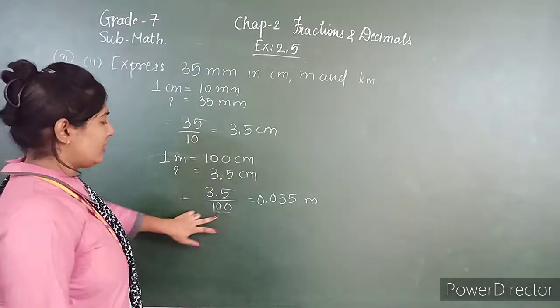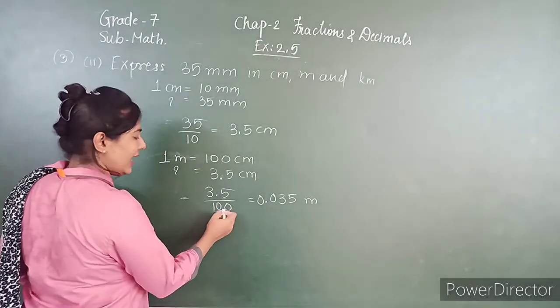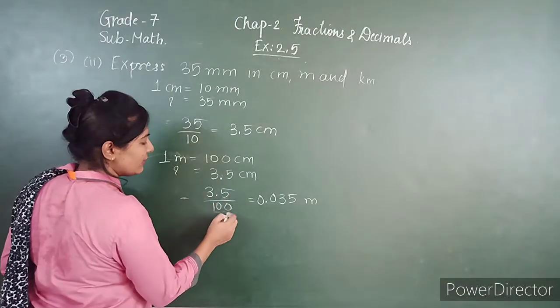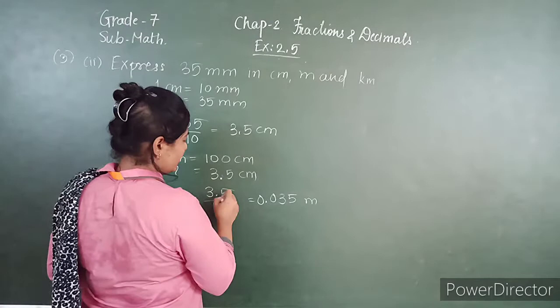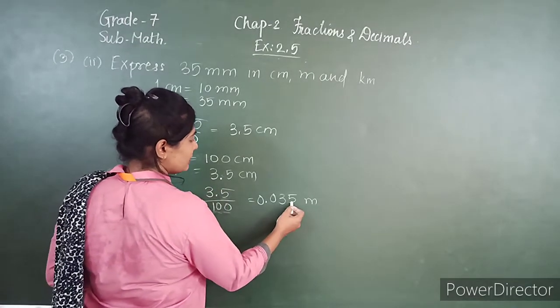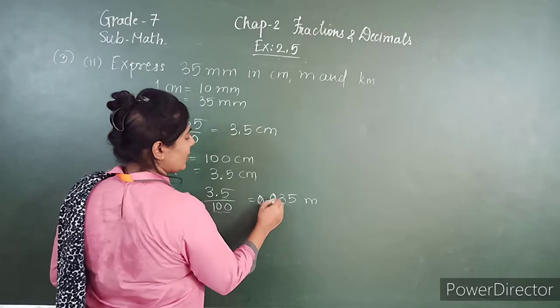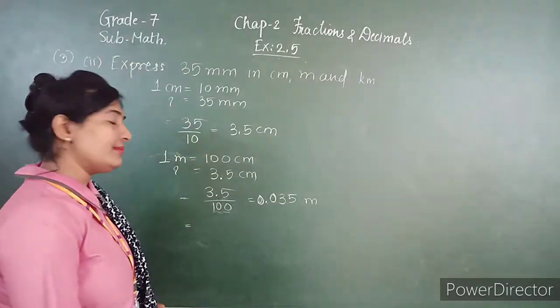Here 2 zeros are there, 1, 2 and this 3 number we have to count. So we have to put point before 3 number. So 35 is already given, so we write 35 and then 0. So it is 0.035 meter. One more easy method is there.